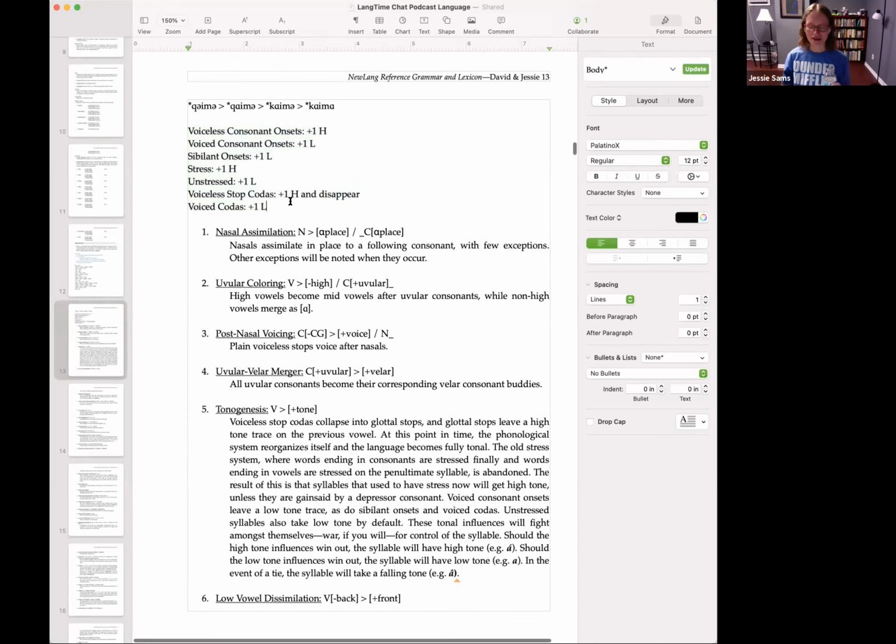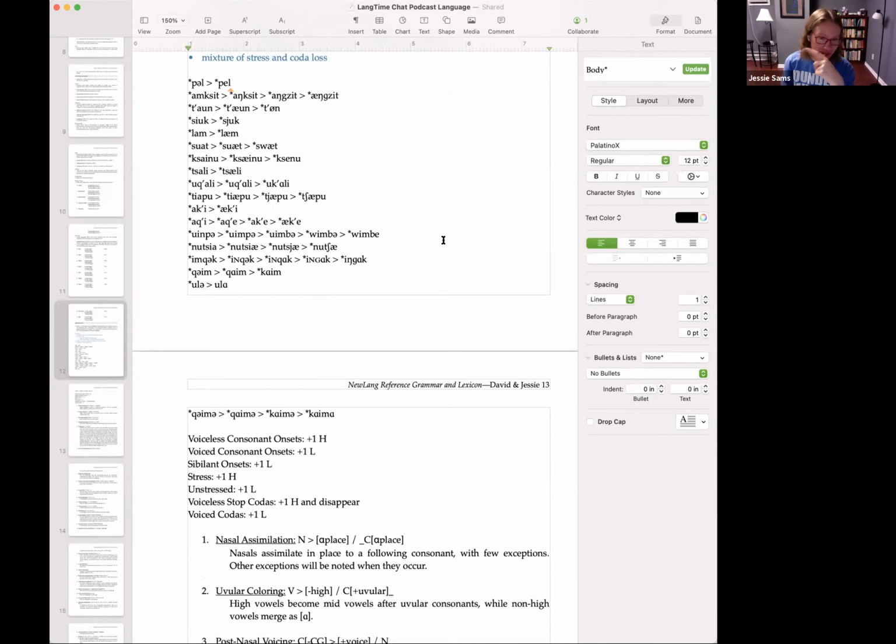Okay, so let's go through it. Let's add it up. We've got a voiceless onset, so that's +1 high. But we have a voiced coda, so that's +1 low.